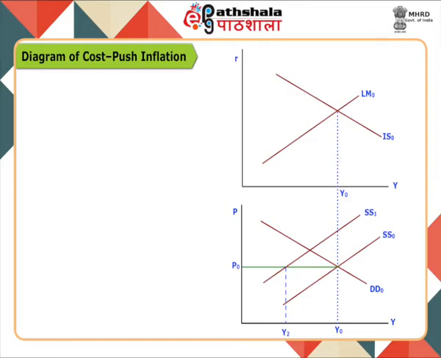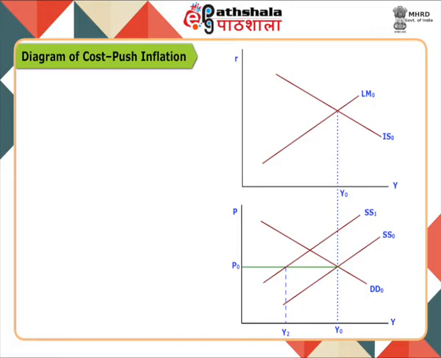However, the aggregate demand shall remain at Y0. This will result in a mismatch of demand and supply, and the supply will fall far short of demand by Y2, Y0. The shortage of supply shall build pressure on the existing price level, and as a consequence, price levels shall start rising.